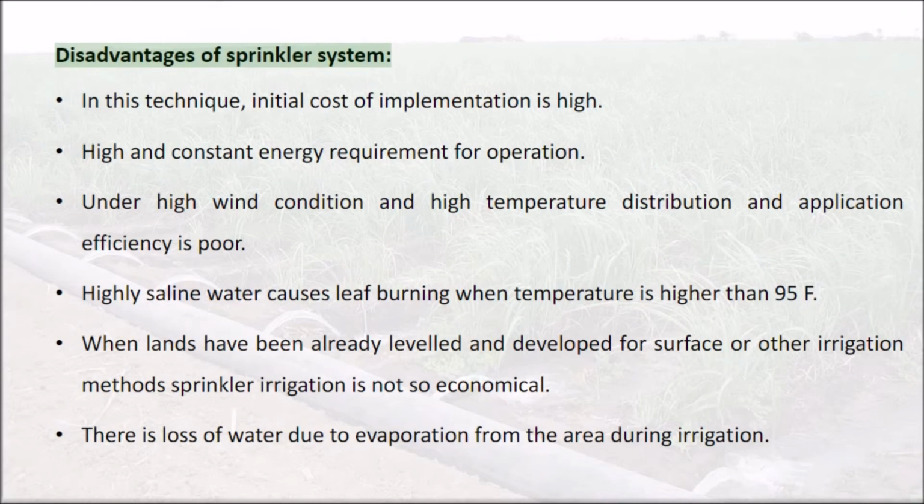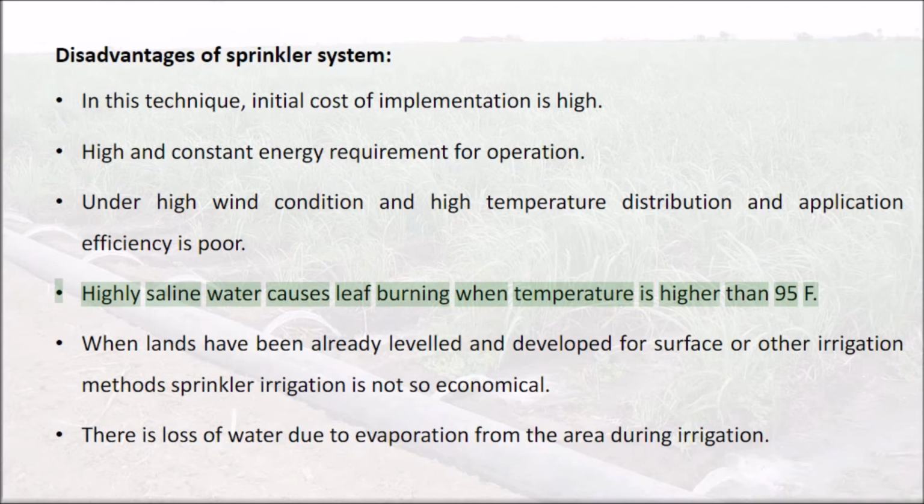Disadvantages of sprinkler system. In this technique, the initial cost of implementation is high. High and constant energy requirement for operation. Under high wind conditions and high temperature, distribution and application efficiency is poor.